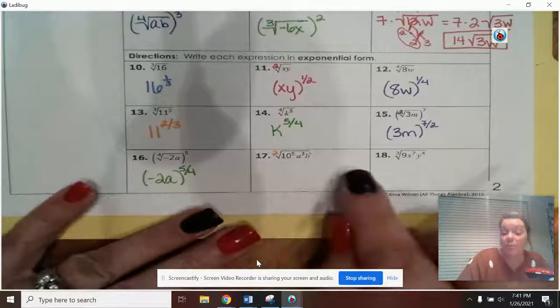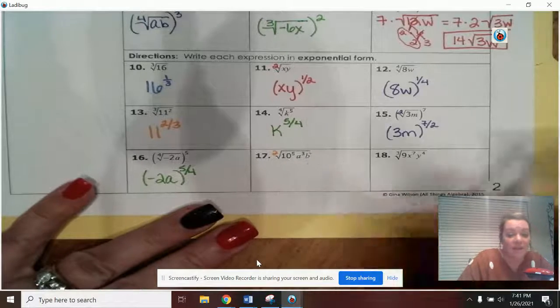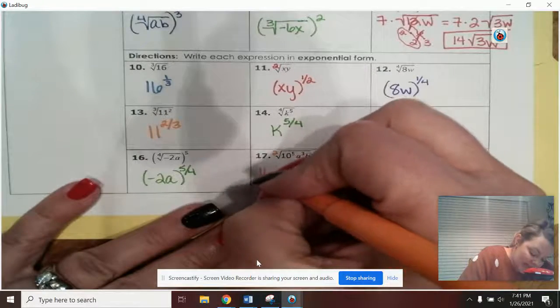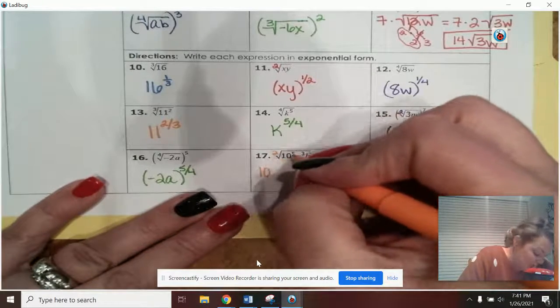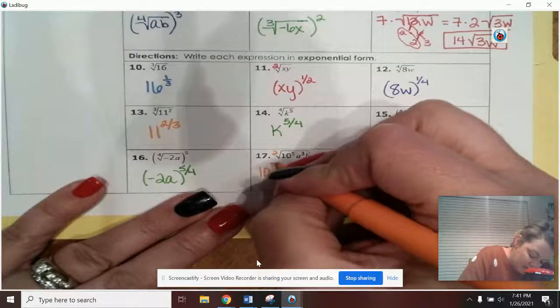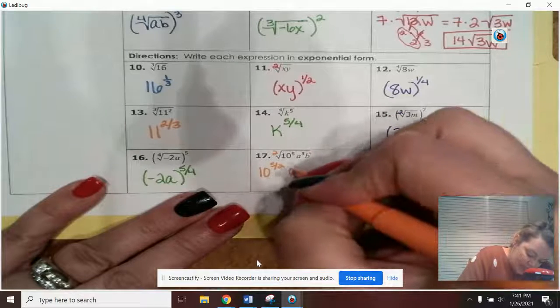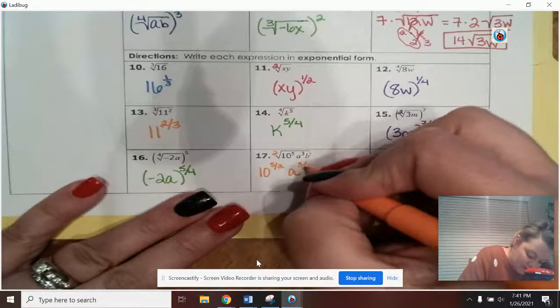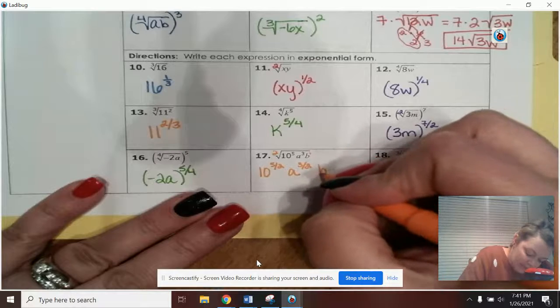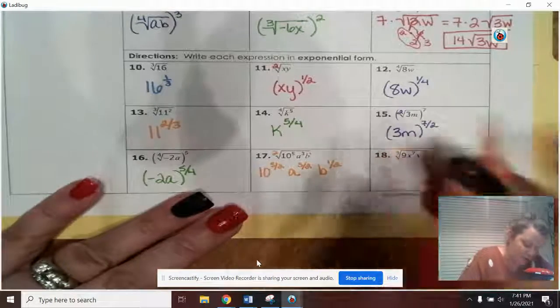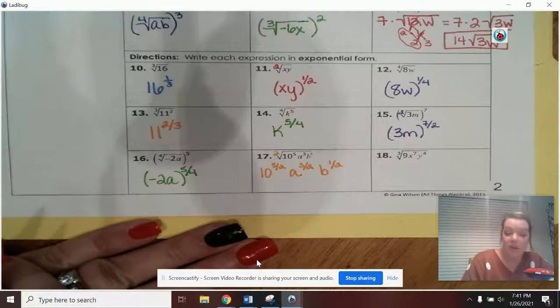So I'm going to do them one at a time because they're all different. So it is 10 to the 5/2, a to the 3/2, and b to the 1/2. Whew.